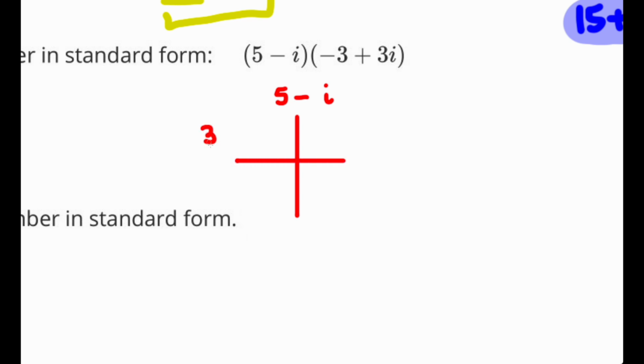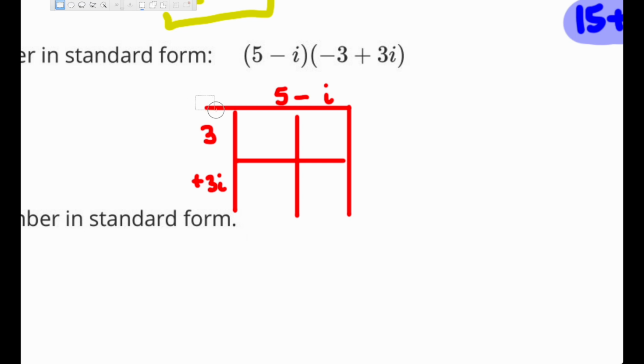And I'm going to say 3 plus 3i. Basically with this grid, wherever they meet, that's what I'm going to multiply. So it's just an organized way of doing this. Some people use FOIL or distributive property or anything like that. A grid does the same exact thing, and it just makes it a little bit neater to understand. Let me clean this up a little bit first.